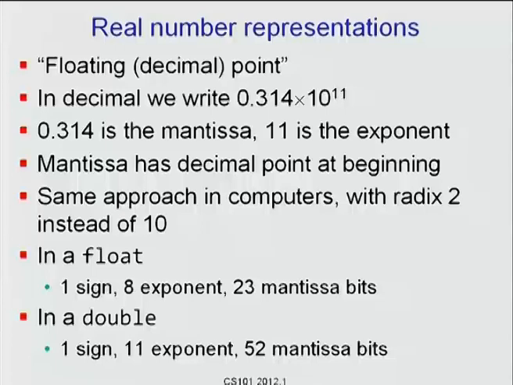There are 8 bits for the exponent, which are represented in 2's complement manner because the exponent can be both positive and negative. And then the mantissa is a binary fraction like I have drawn out on the board. Okay. There are 23 mantissa bits and 8 exponent bits and 1 sign bit. In a double, meanwhile, there is the same 1 sign bit, 11 exponent bits and 52 mantissa bits.